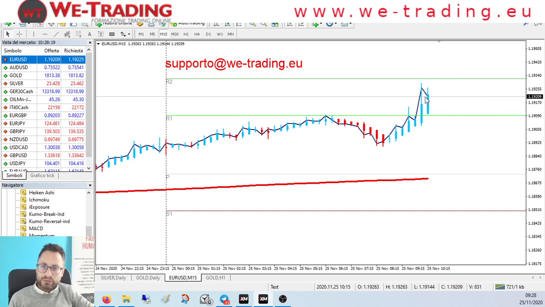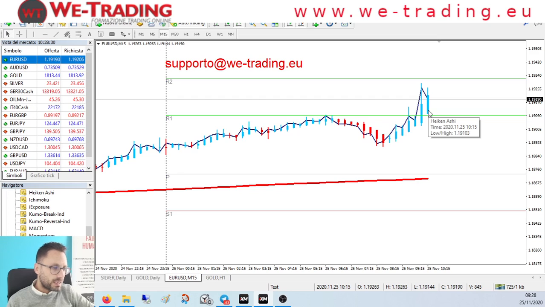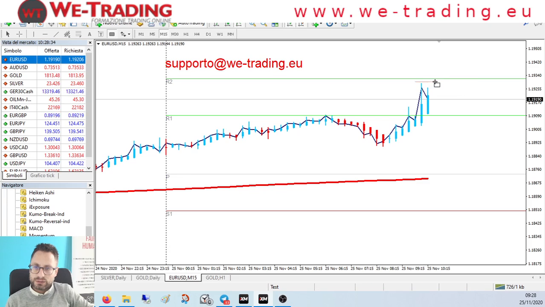For example, the last candle in formation is an inside bar of the previous one, so this type of candle is not important for my setup, but I will watch for price over this high or under this low.